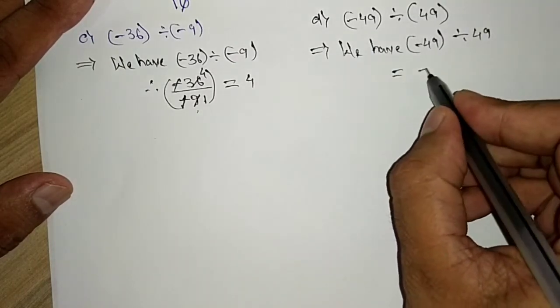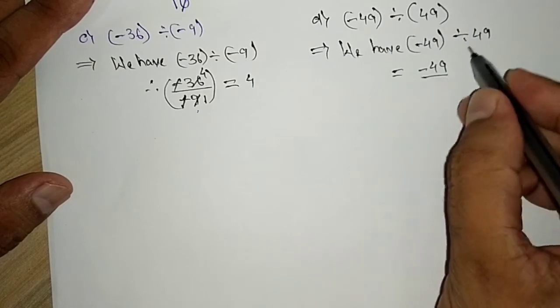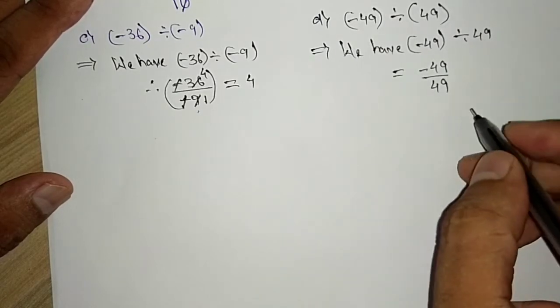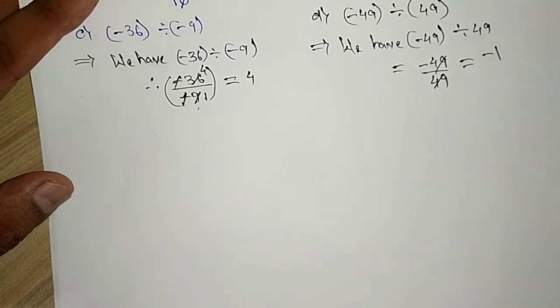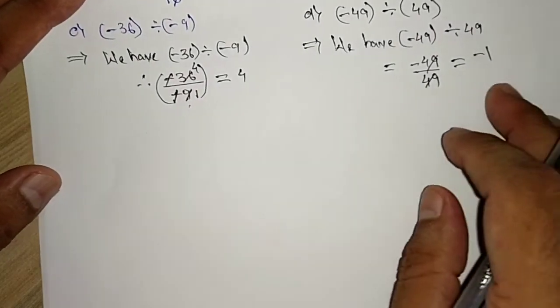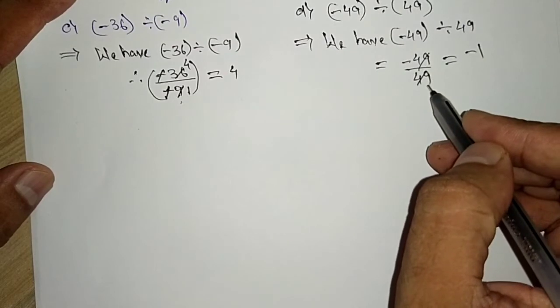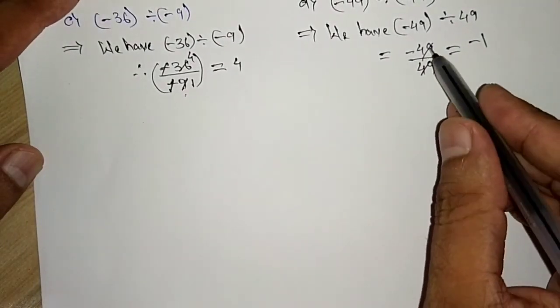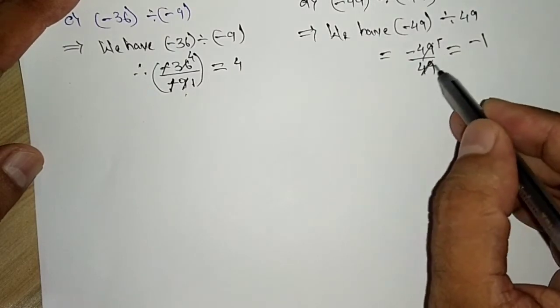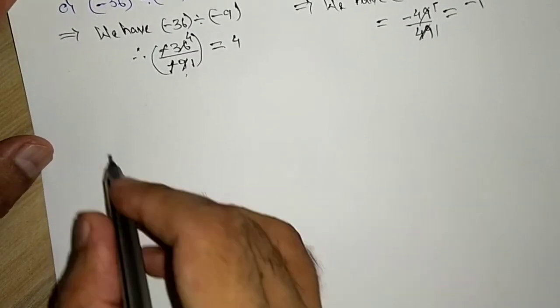Both will be cancelled out, so we will remain with minus 1. Many students cancel numerator and denominator and write 0. Please be careful, because 49 ones are 49, and so the answer will be minus 1.